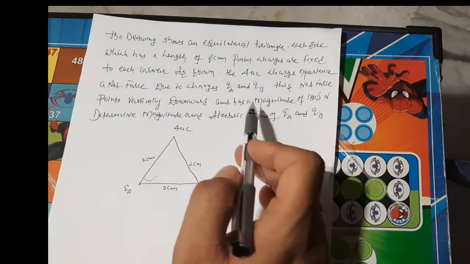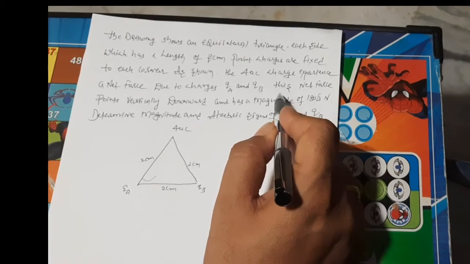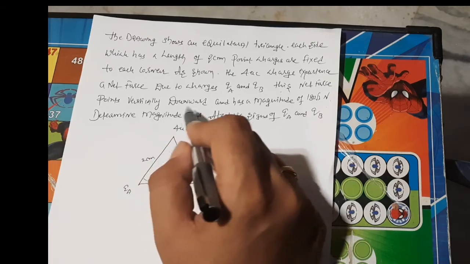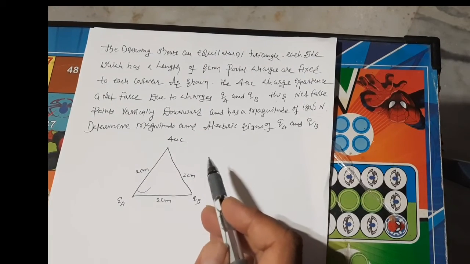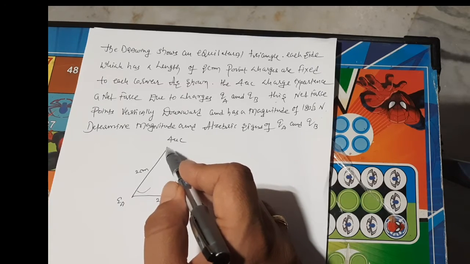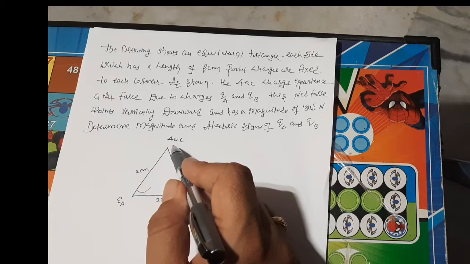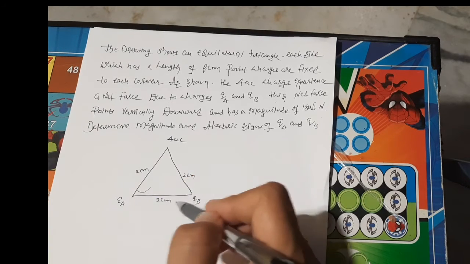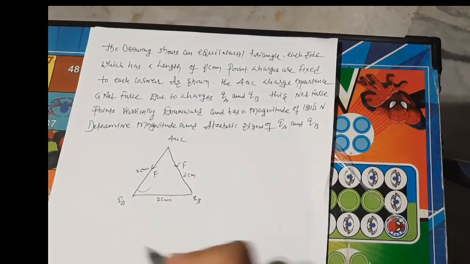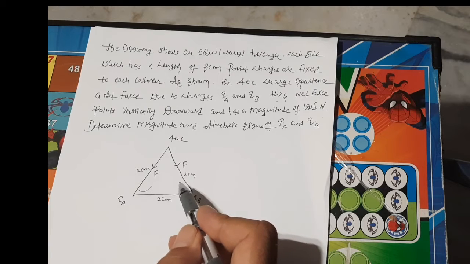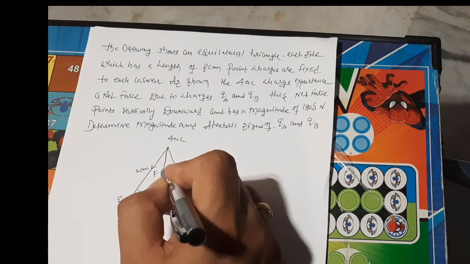This is a concept-wise problem. The key point is that the net force acts vertically downward. When the net force is acting vertically downward, the forces acting on the 4 microcoulomb charge due to QA and QB must be the same. Only when these forces are the same does the net resultant force act vertically downward.